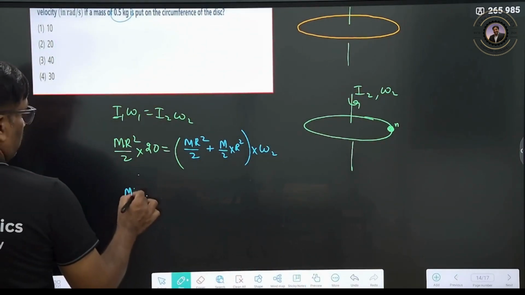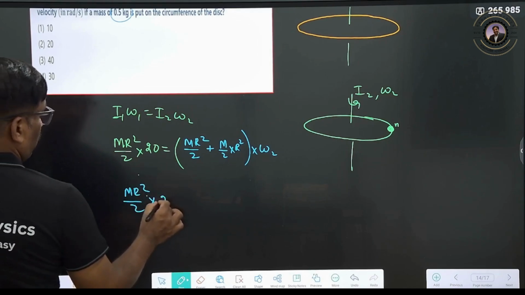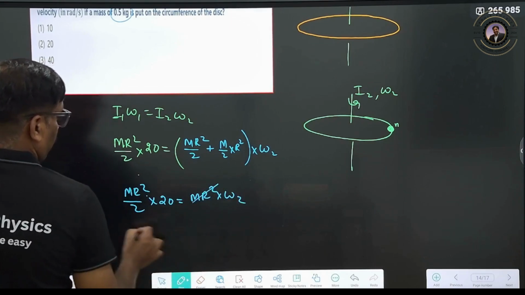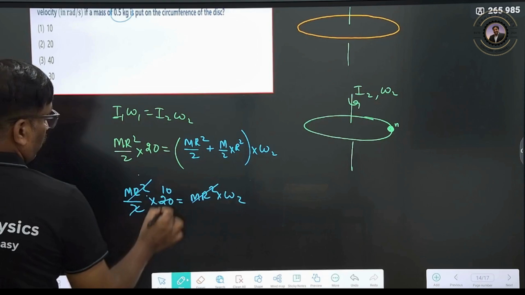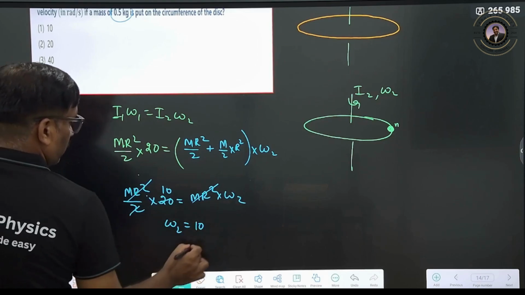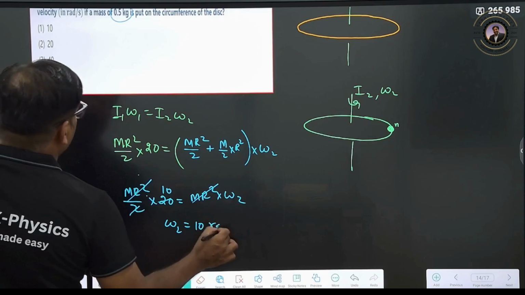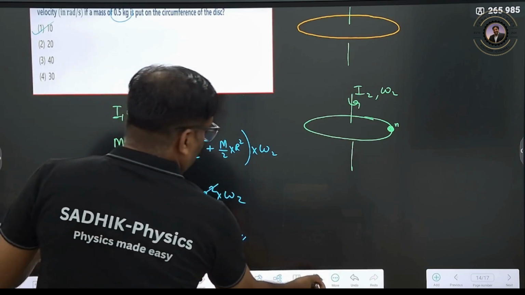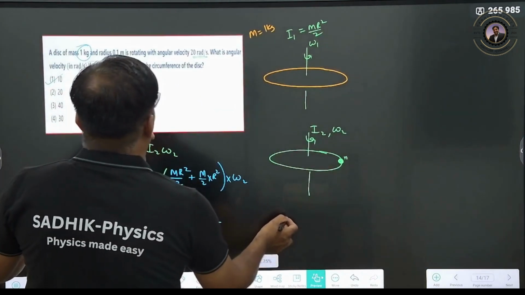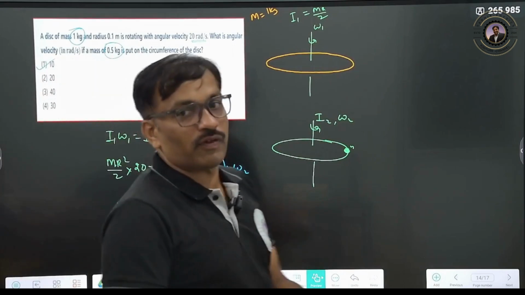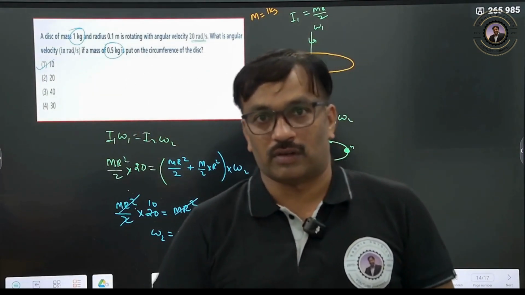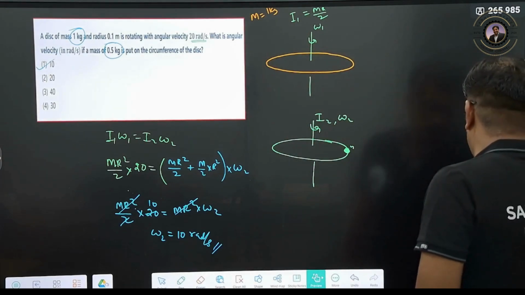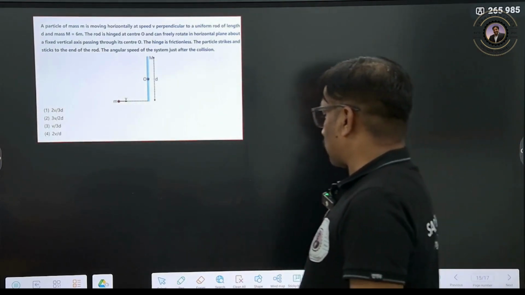So mr square by 2 into 20 equals mr square into omega 2. The mr square cancels, so 2 omega 2 equals 10, giving omega 2 as 5 radians per second. Why? Because some mass is gently added, so it is going to rotate more slowly. Clear? This is another question, and one more question.